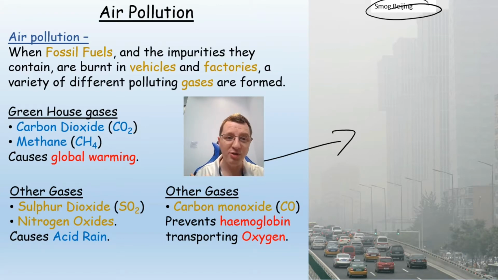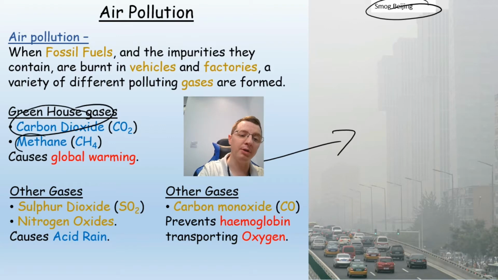And what's this pollution made out of? Well, largely the main gases that are causing issues here come from fossil fuels and the impurities within the fossil fuels when they're burnt. So yes, we're getting carbon dioxide and methane being produced. Carbon dioxide, of course, being produced from the car exhaust down here. Methane is produced in rice paddies.